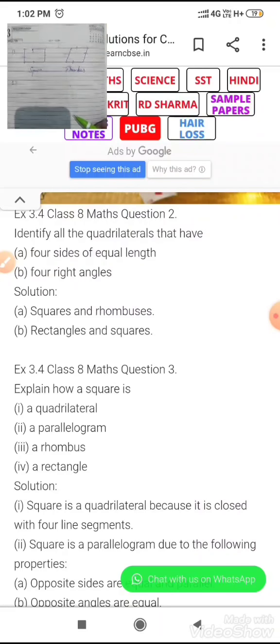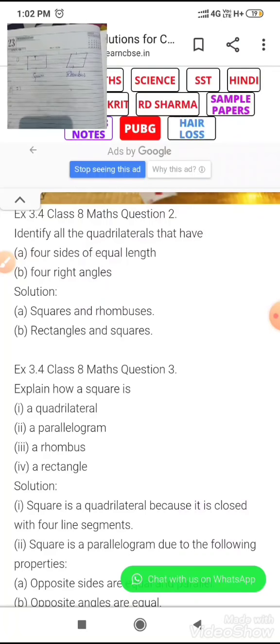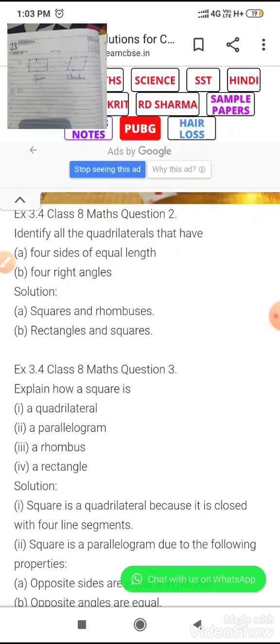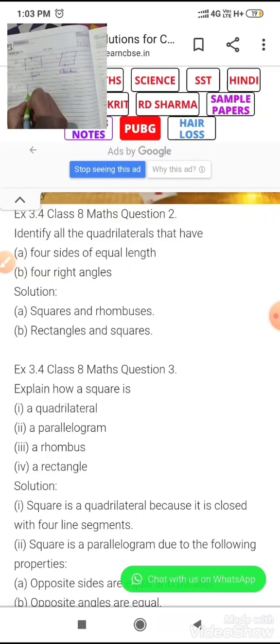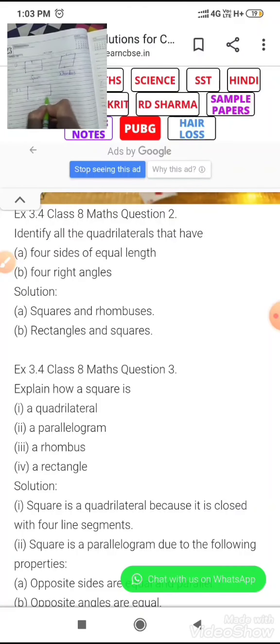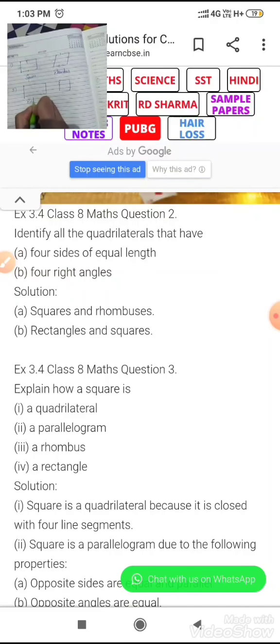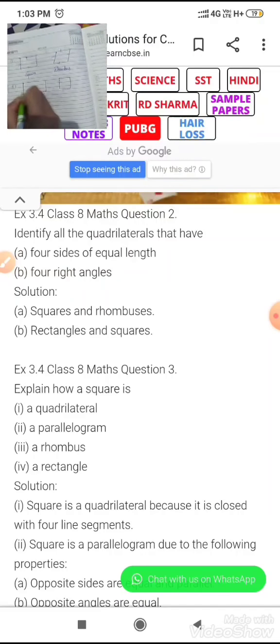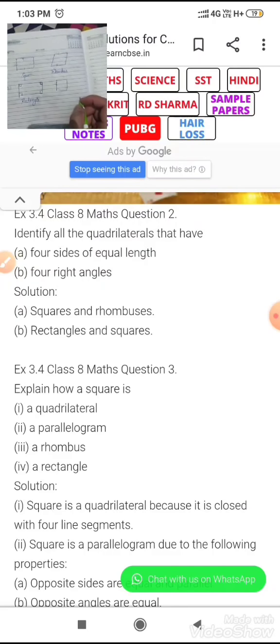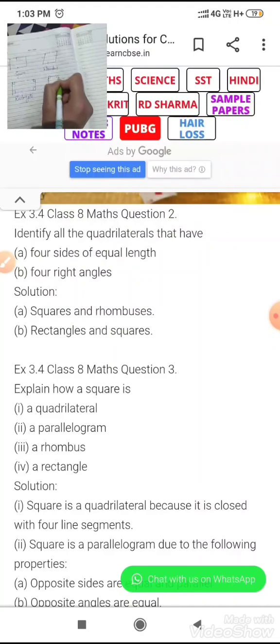In B part, we have to identify the quadrilateral that has 4 right angles. So its answer is rectangle and square. In a rectangle all the interior angles are of 90 degrees. Also in a square, all the interior angles are of 90 degrees.